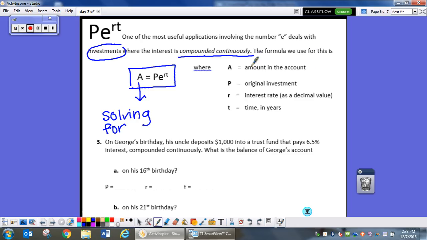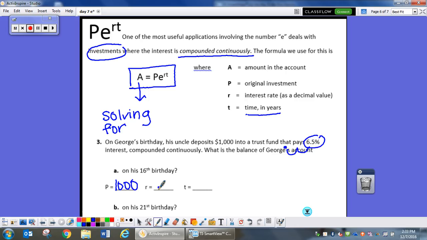So here are your variables. A is the money in the account. P is your original investment. It's often called the principal. R is your rate, which is the decimal, and T is your time in years. So in our first example with George, his original investment was $1,000 at 6.5%, but to convert that to a decimal, move the decimal 2 to the left.